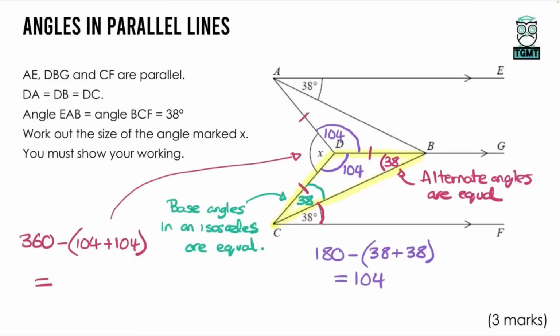We can type that in, 360, take away 104 plus 104, and that gives us 152 degrees as our final answer. And there we go. And if you wanted to write a reason along with that, it's because angles around a point add up to 360 degrees. And there we go. There were some angles in parallel lines and also involving some isosceles triangles.